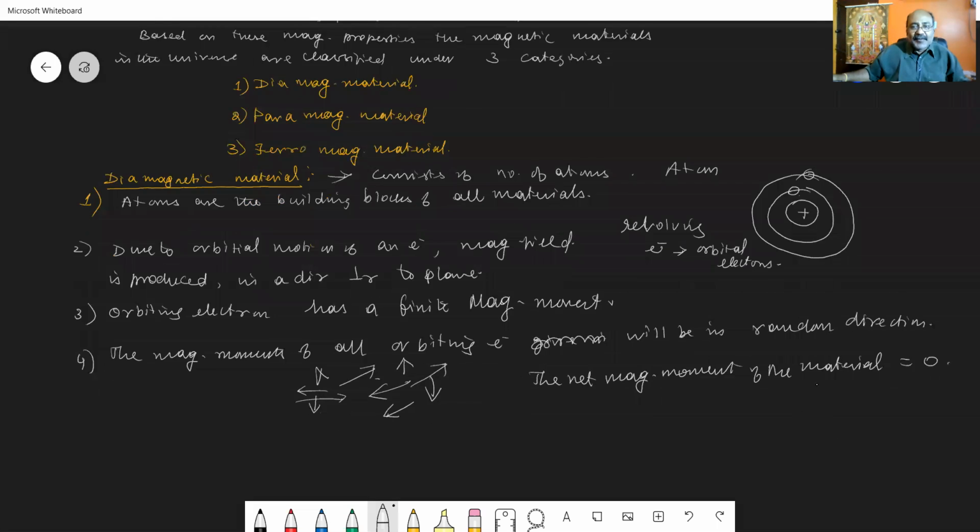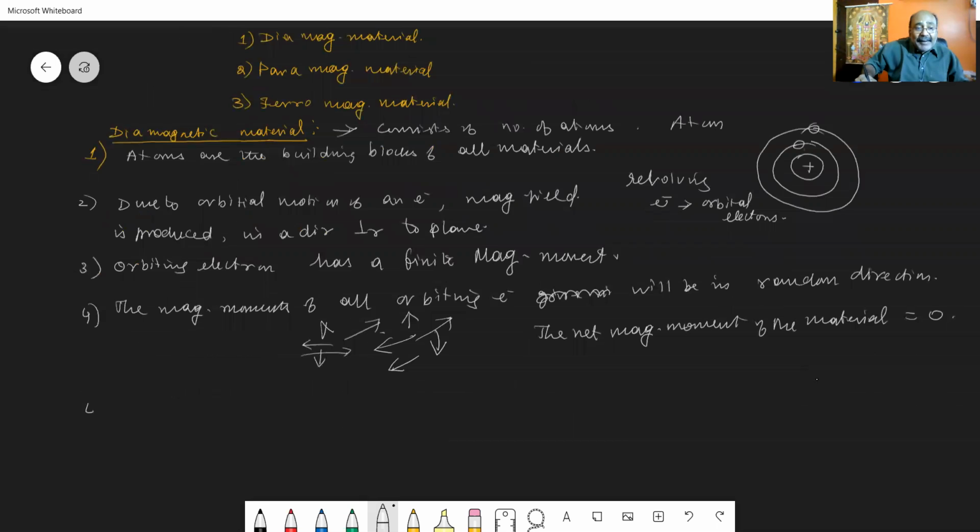Right. What is the next point? Now I am placing this diamagnetic material inside a uniform magnetic field. See, in the presence of a uniform magnetic field, what will happen?